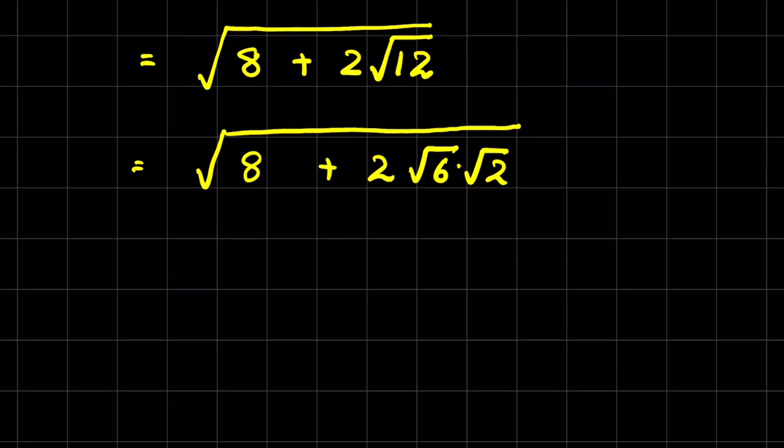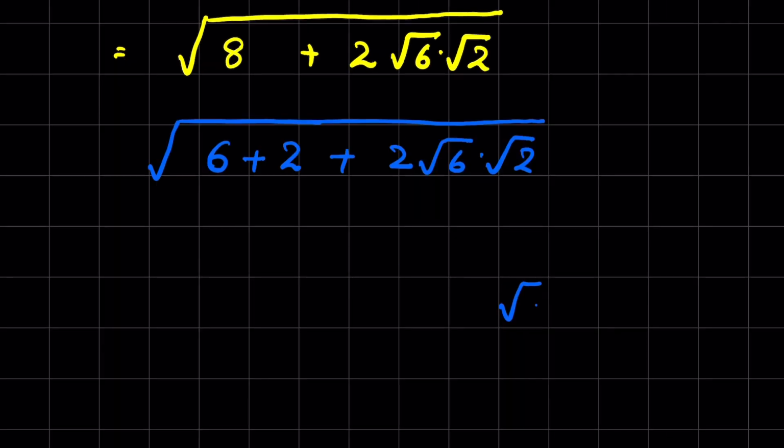Now let's see if we can write this expression in the form a plus b plus or minus 2 times a times b. So 8 we can write it as 6 plus 2 plus 2 times square root of 6 times square root of 2. Now we know that square root means a number is raised to the power of 1 upon 2.